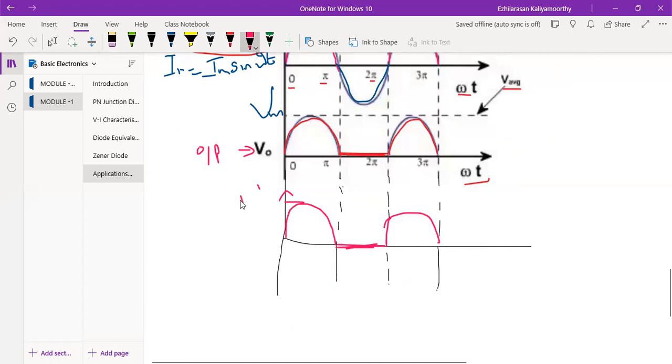In the same way, for current, this will be your Im. So you can take the derivations or the expressions in terms of voltage or in terms of current. Keep that in mind. This is in terms of voltage and this is in terms of current. 0 to pi, 2 pi, 3 pi, like this. This will be your omega t only.